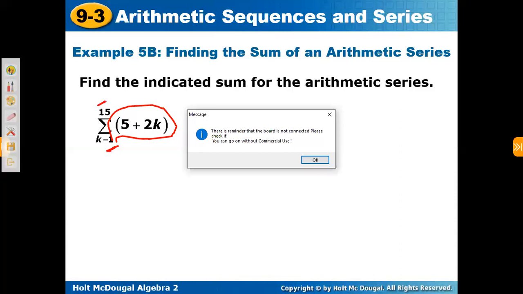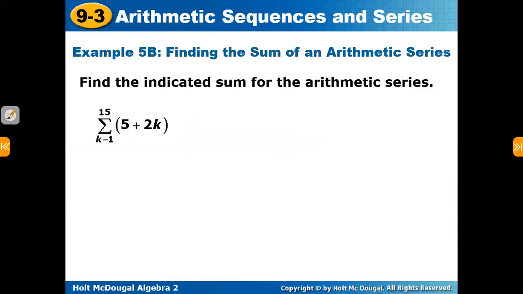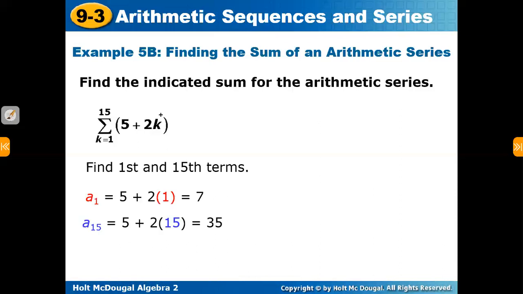So if I just replace the value of k with any number, the 15th term will be 5 plus 2 multiplied by 15, because as I said, this k basically denotes my n. This k here denotes the n, the position of the term.